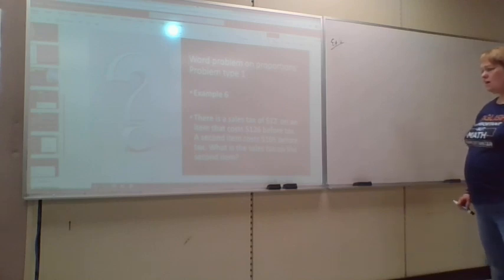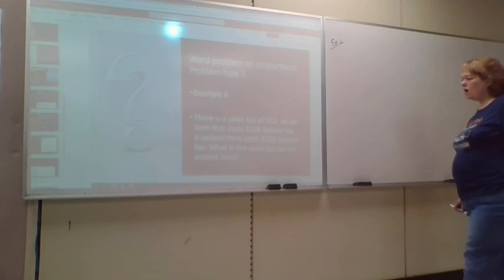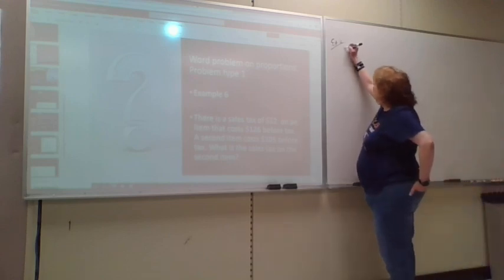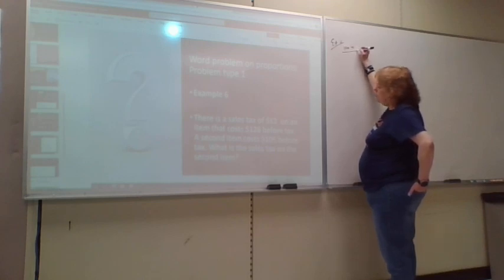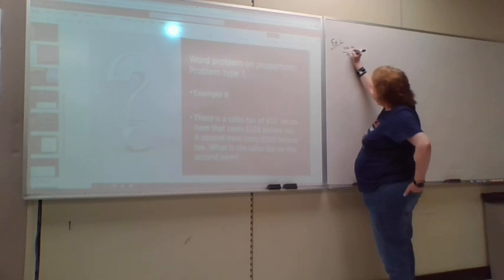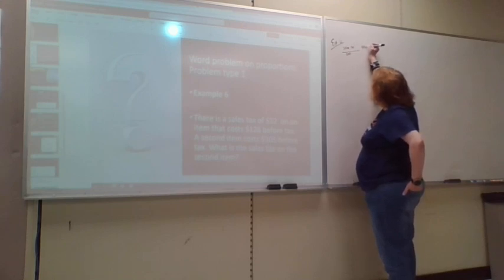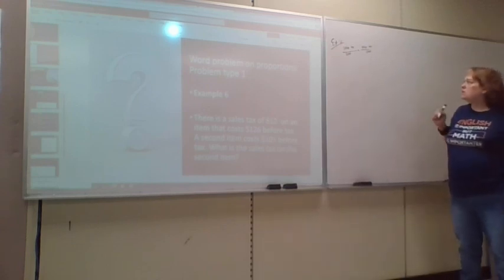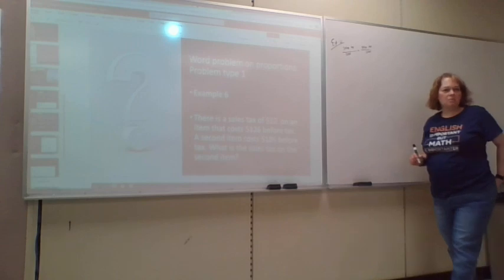The second item costs $105 before tax. What is the sales tax on the second item? I'm going to put sales tax over the cost equals sales tax over cost. Do you agree with that? That makes sense to me.